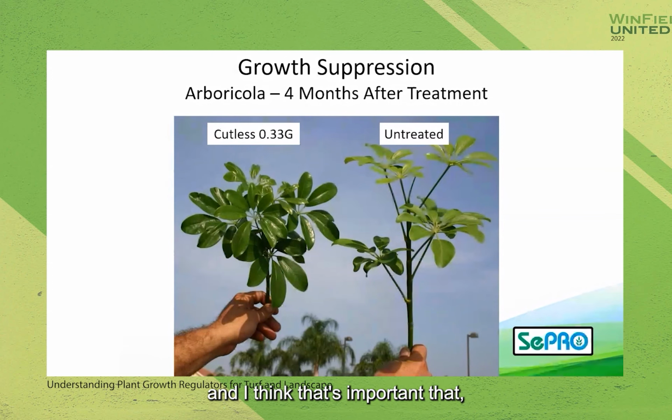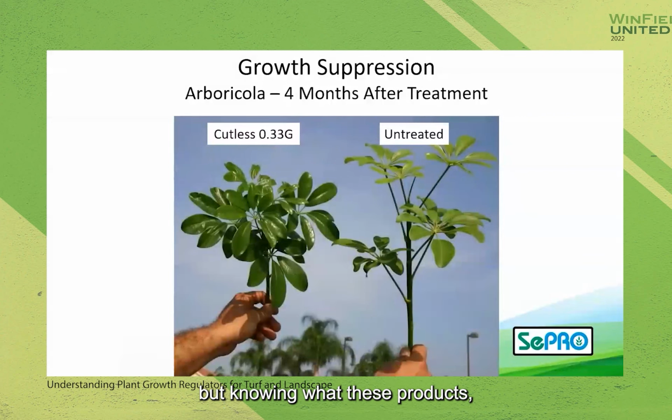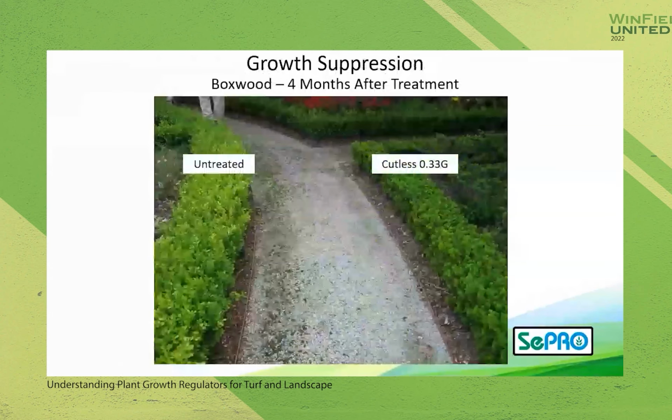Not all species are as big and bushy as Arbicola, but knowing what these products, whether it's 3.3G in this case or Shrub and Tree Sculptor, are capable of, you start to understand what to look for after you implement a PGR program.